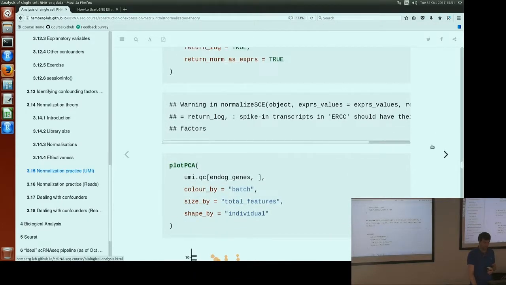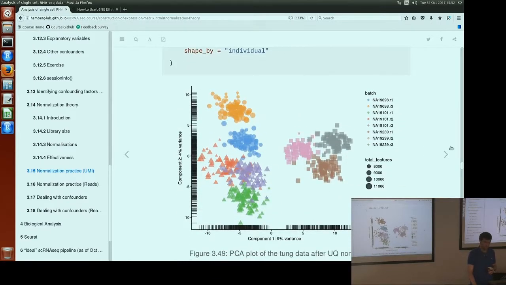If we do PCA here, this looks a little bit different. Now you can see there's a bit less separation between the cells from the separate individuals. PC2 has more or less been flipped. We used to have the triangles in the top left and the circles in the bottom left, and they've swapped around.